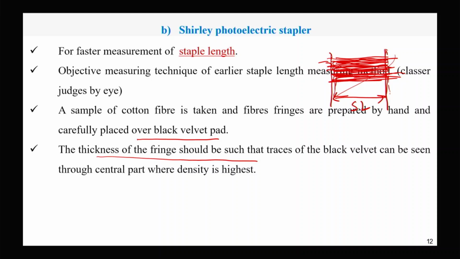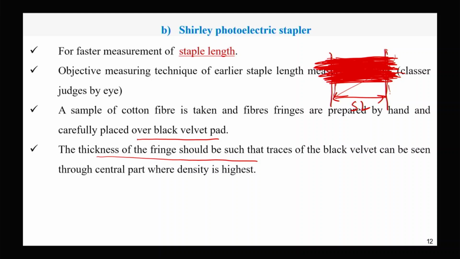If we make the fringe very thick, it will not be able to give the correct result. Suppose I am taking a large number of fibers, then we will not get the actual result.